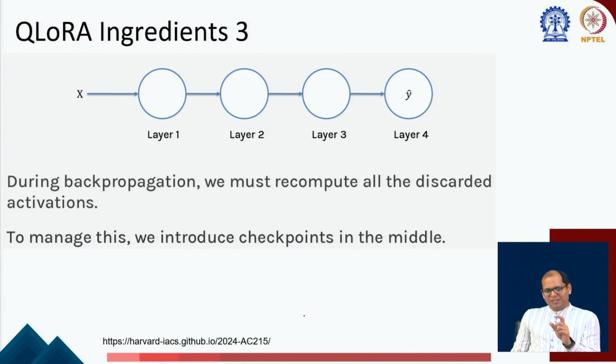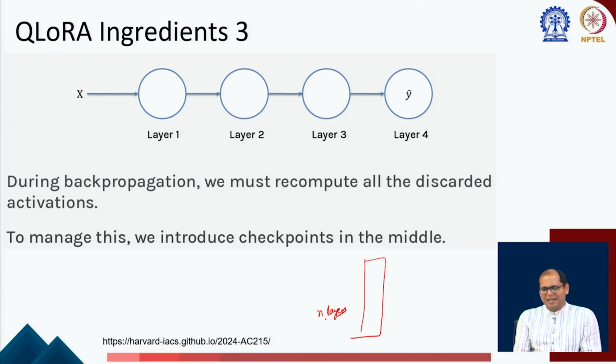So we do a trade-off again. We say, okay, let's not discard every checkpoint. We have a lot of layers, and we don't want to compute through all of them. So let's say I have some n layers.